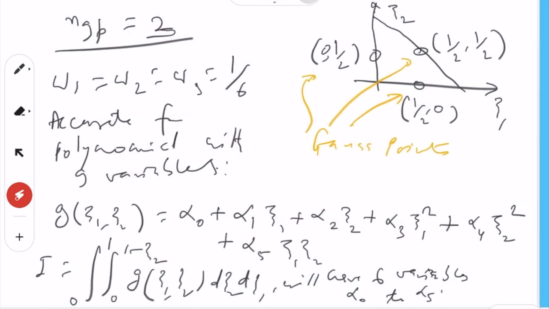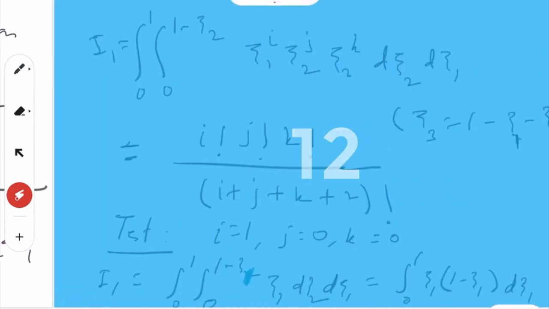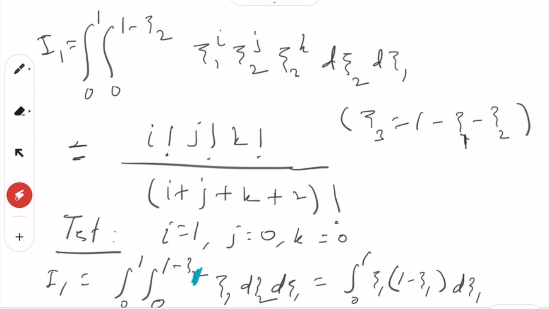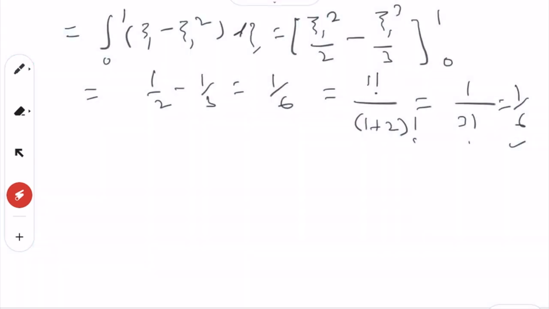This is how you have to integrate in the triangular system, and this also tells you why the isoparametric element is important. The isoparametric element has ease of integration, and hence it is widely used.